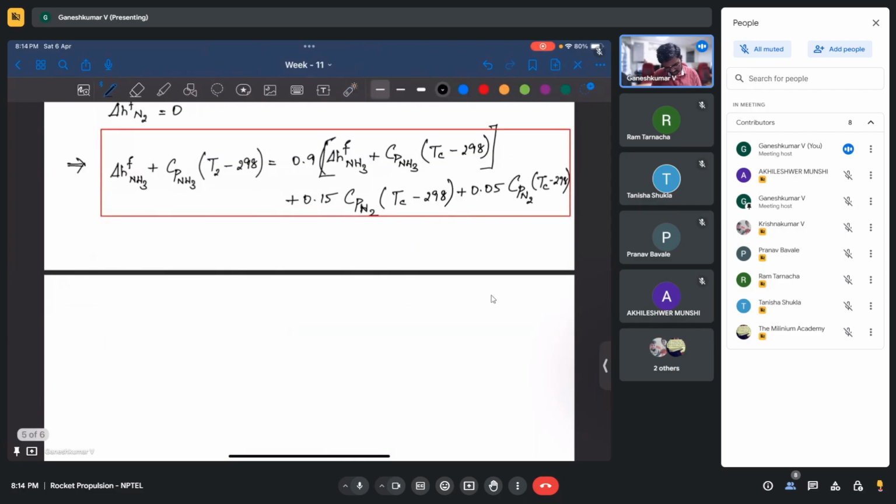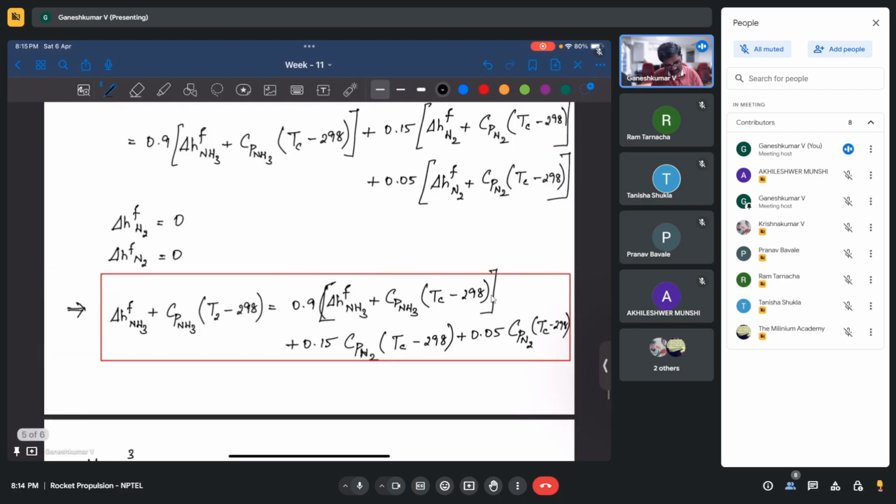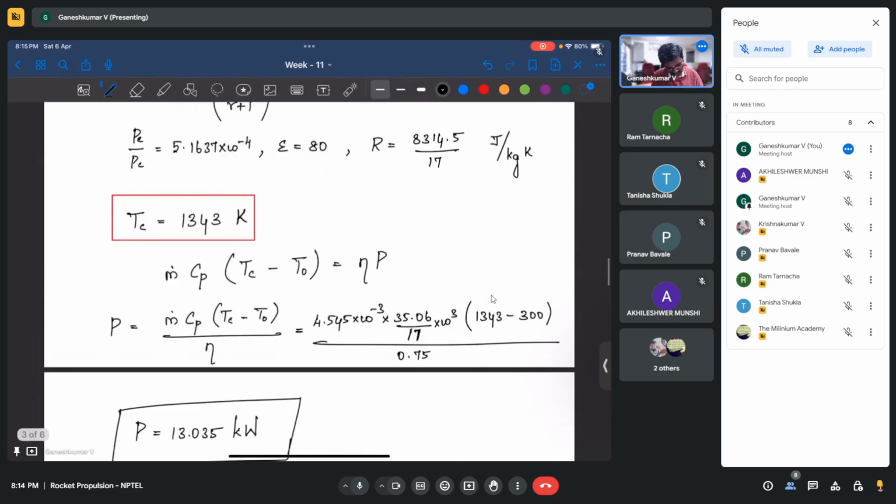Alright, let's try to substitute the numbers. It's going to be minus 46 kilojoules, so 10 power 3, plus Cp of NH3 is 35.06. So let me write down the Cp's.